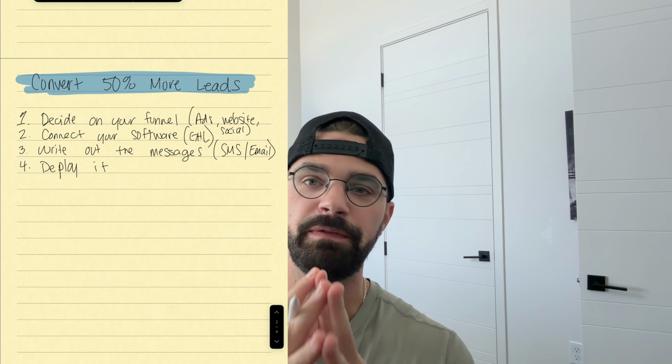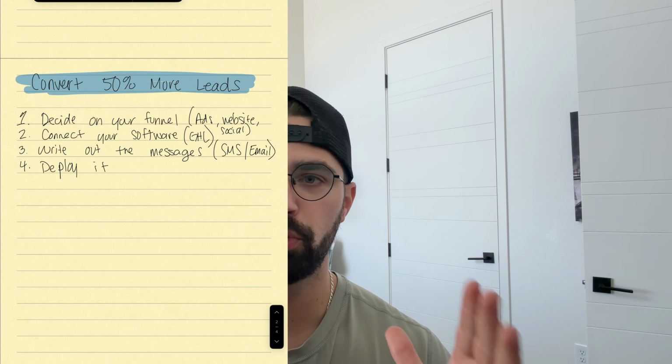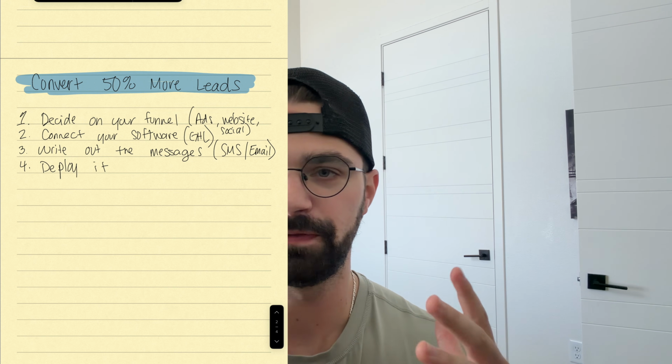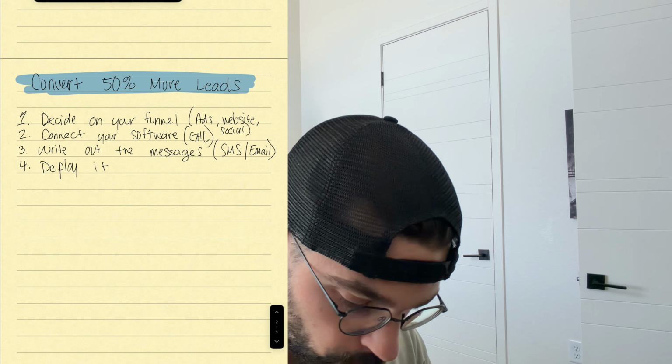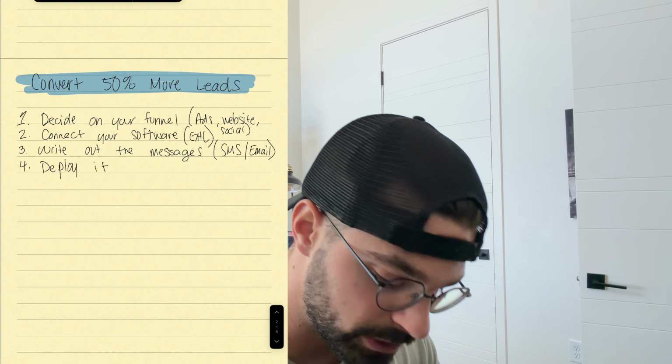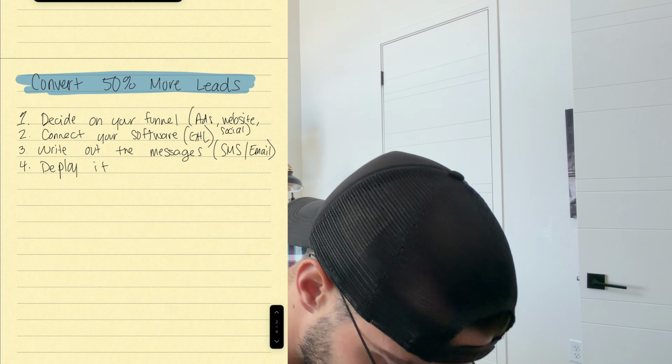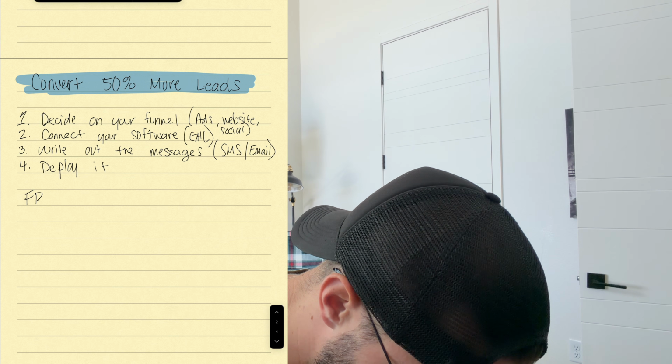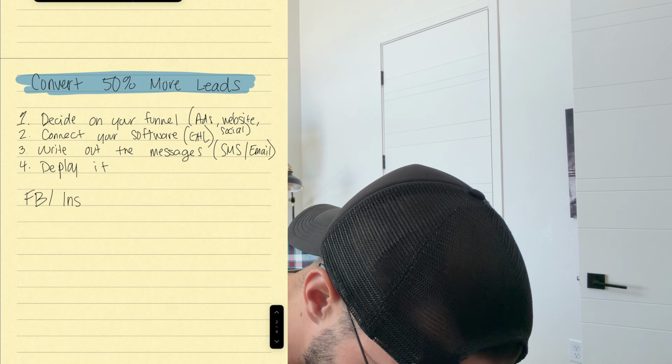All right, so converting 50% or more of your leads can really be broken down easily into these 4 steps, and we're going to go into each one a little bit more in depth. The first thing is deciding on your funnel. Some guys are running Facebook ads or Instagram ads.